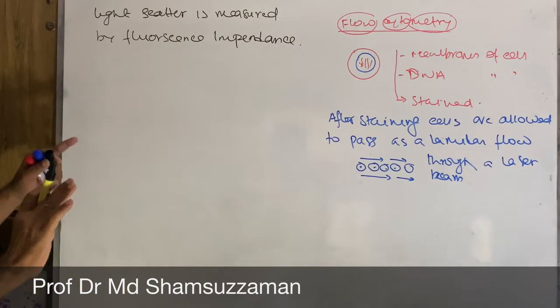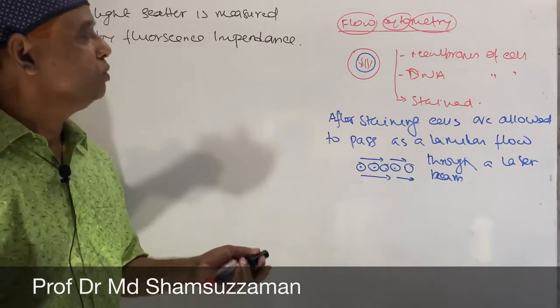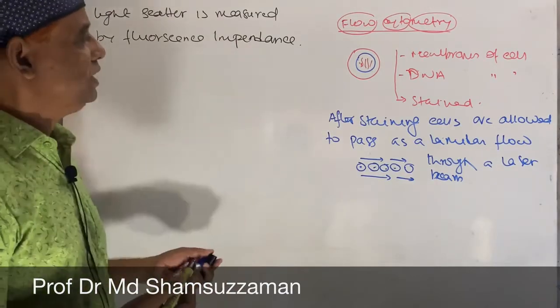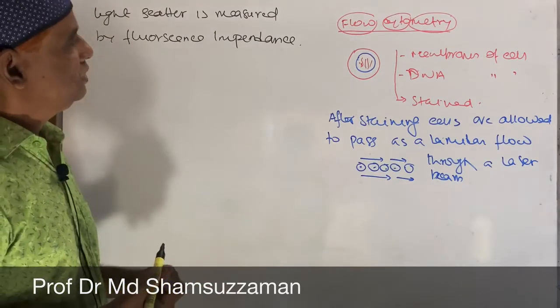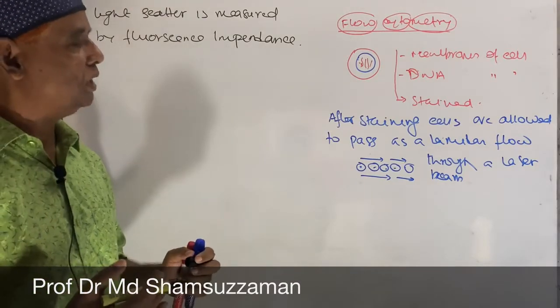As the light scatter is measured by fluorescence and impedance, we can identify the lymphoblast, we can identify the blast cells. This is flow cytometry. Dear audience, this is all about the laboratory diagnosis of acute lymphoblastic leukemia.